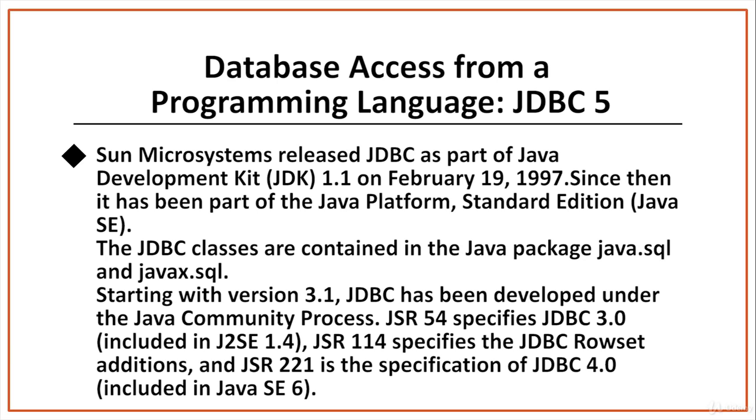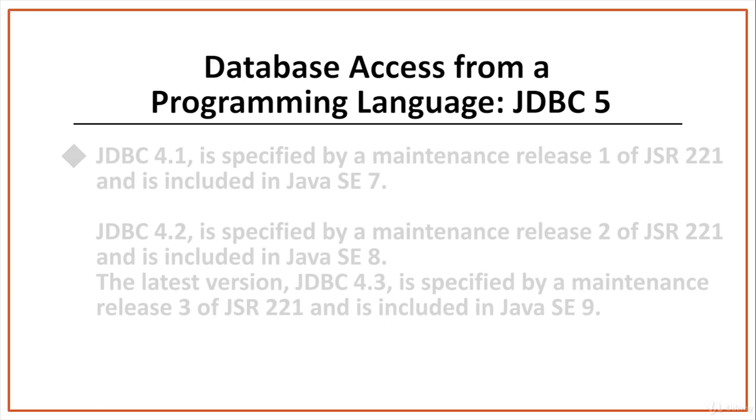Starting with version 3.1, JDBC has been developed under the Java Community Process. JSR 54 specifies JDBC 3.0, included in J2SE 1.4. JSR 114 specifies the JDBC row set additions, and JSR 221 is the specification of JDBC 4.0, included in Java SE 6.